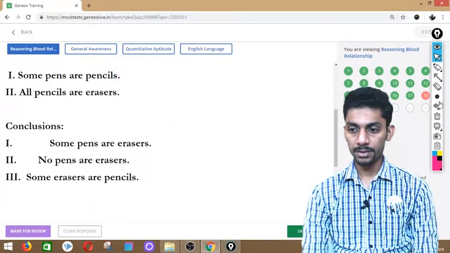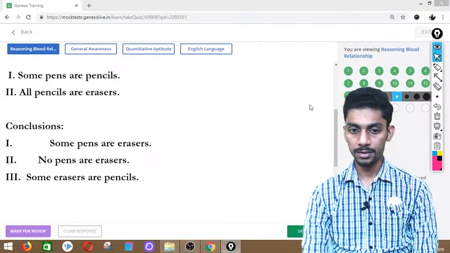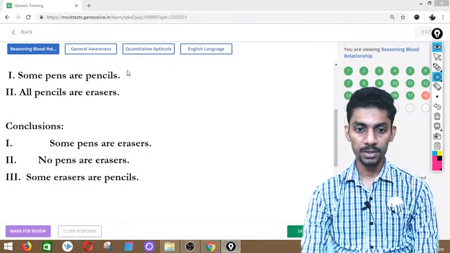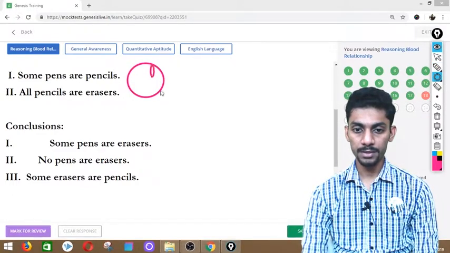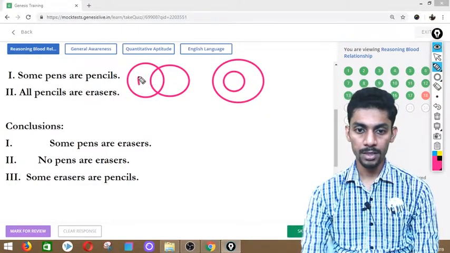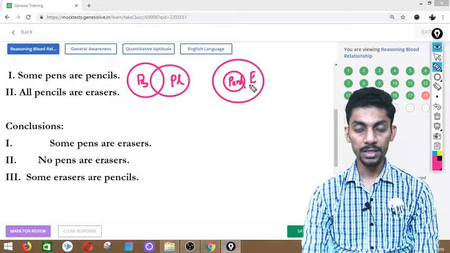Next one is from syllogisms. The question is, some pens are pencils, all pencils are erasers.